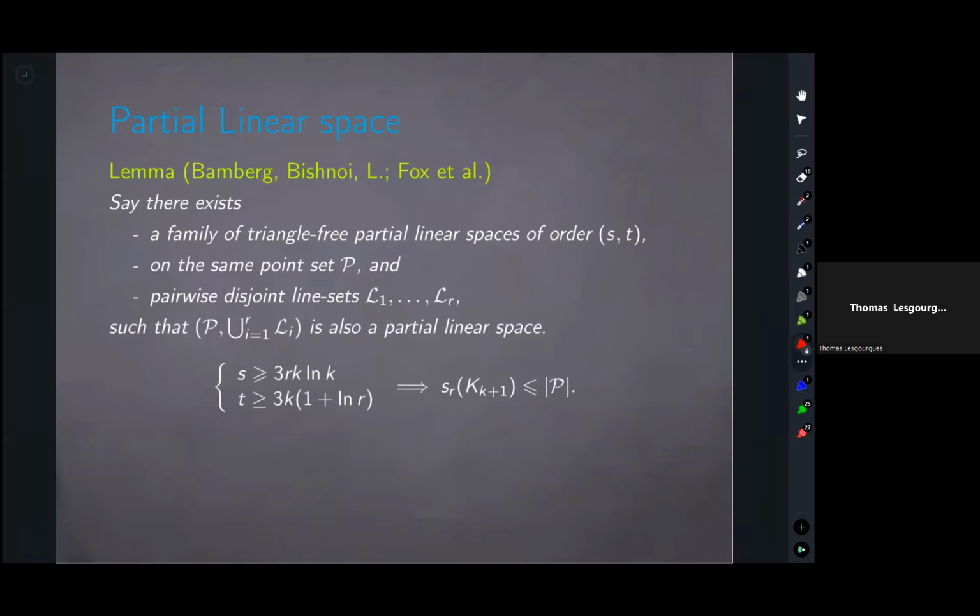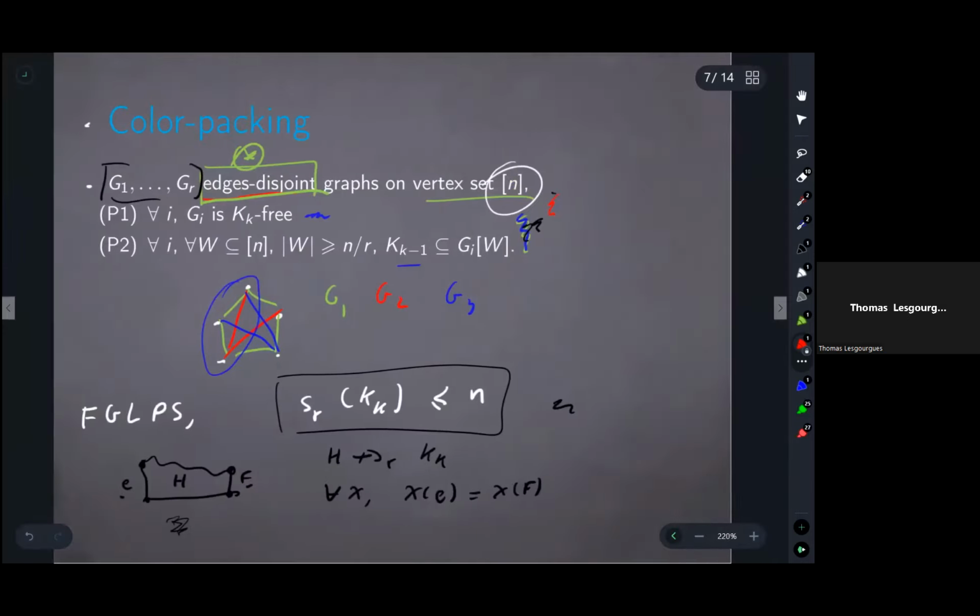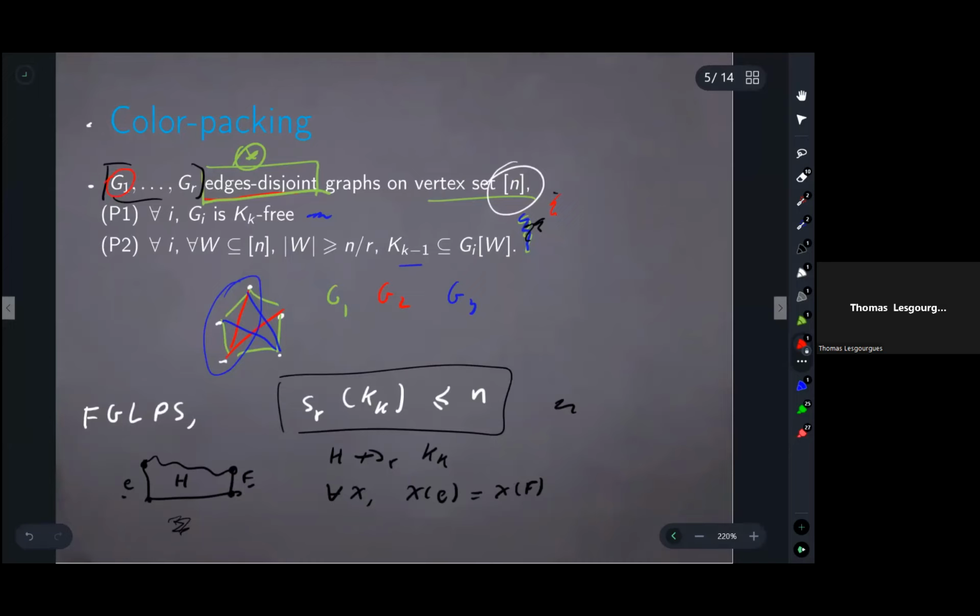And now what we do is we prove something with Anurag and John, which is a derivation of what they did in FGLPS. What we explain is that if we don't have one but a family of partial linear spaces, then each one of these partial linear spaces can be used to build one of these graphs G. So we're going to have one partial linear space for the first one, one for the second one, and so on.